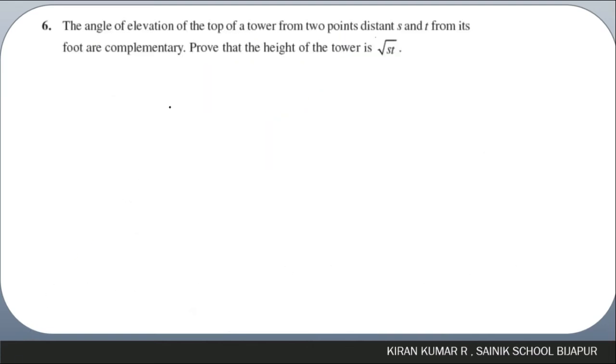The angle of elevation of the top of a tower from 2 points at distances S and T from its foot are complementary.